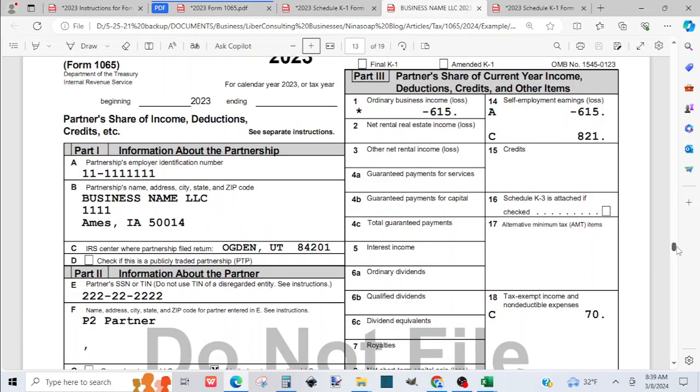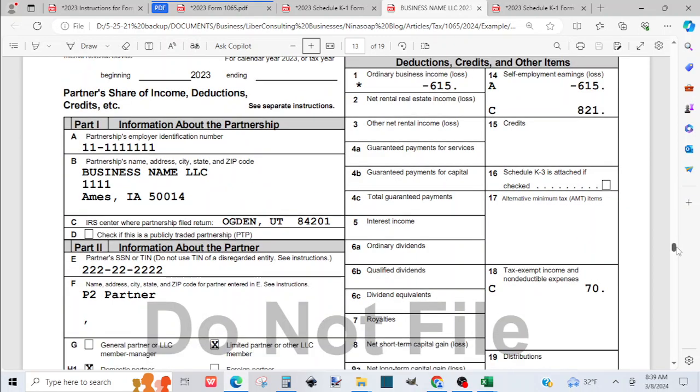So for 50-50, this will total to 100. The ownership should not be more than 100. The partnership is 100%, and the partners' ownership will total to 100. So if it's just you, chances are you won't even be filing 1065.